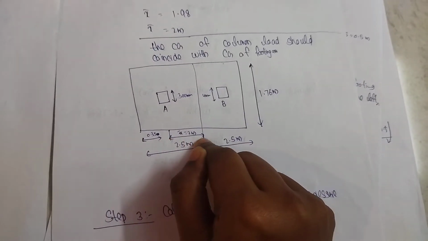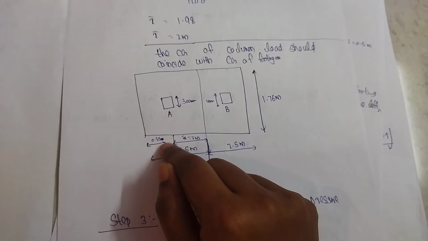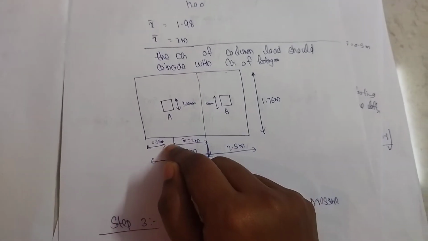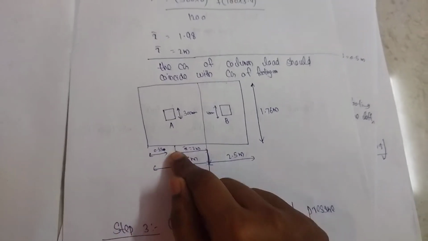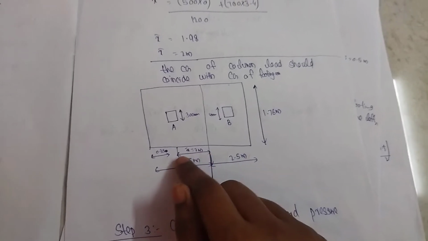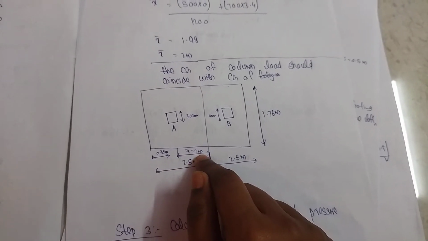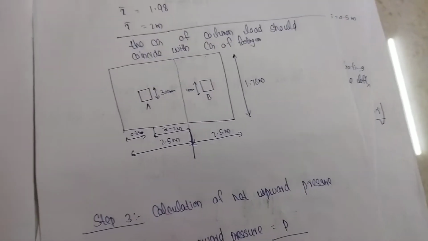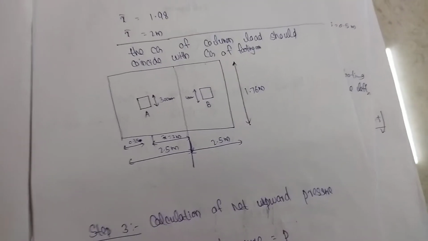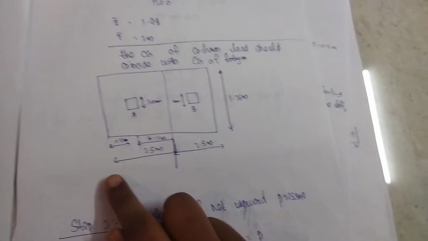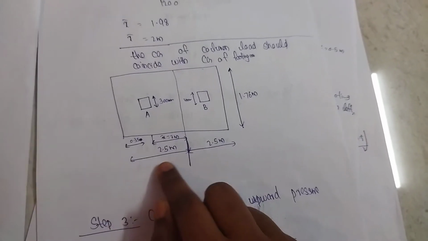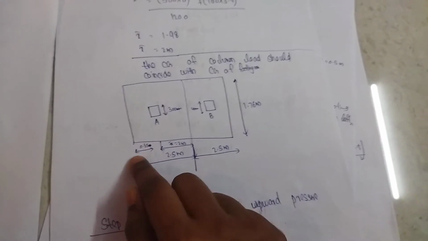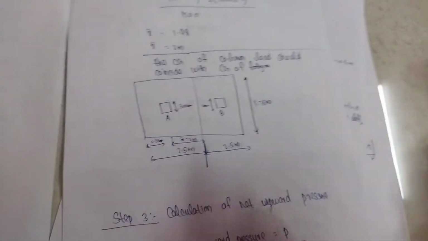So this is 2 meter, and the remaining is 0.15 meter, that is 300 mm, so 0.15 meter. So 2 plus 0.15 gives 2.15 meter. Then subtracting 2.5 minus 2.15 gives the end distance as 0.35 meter.